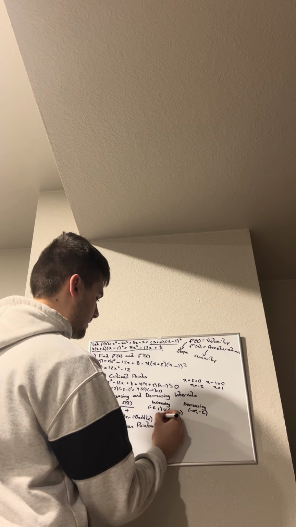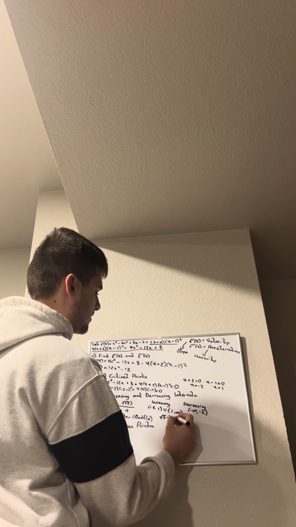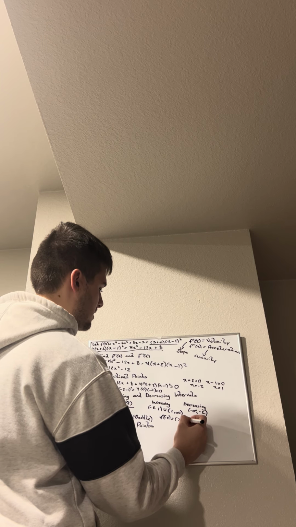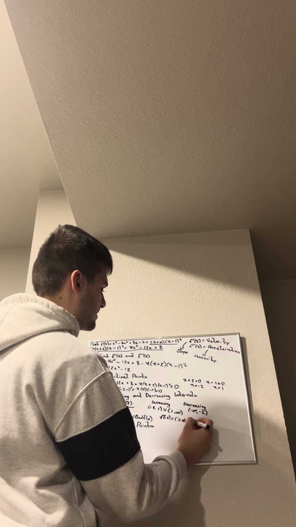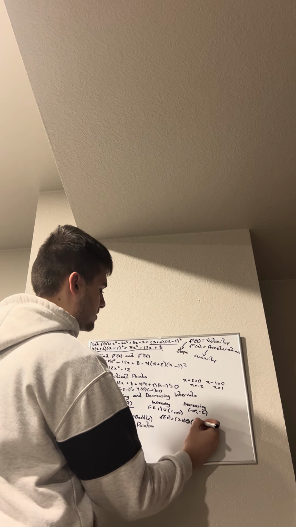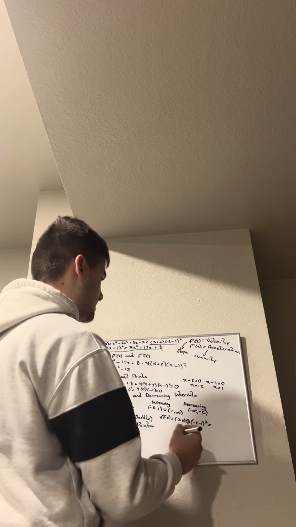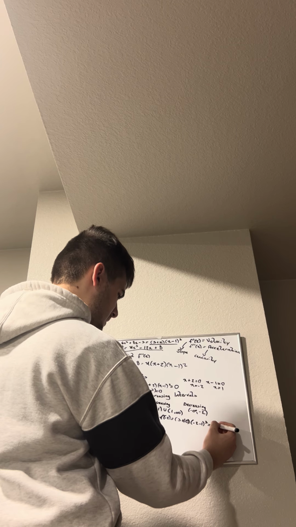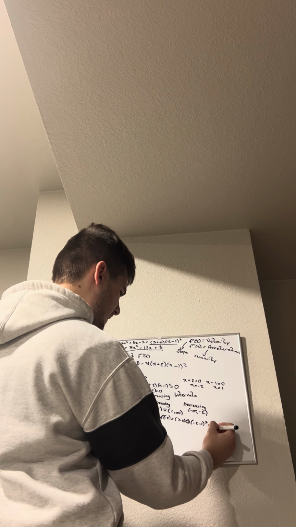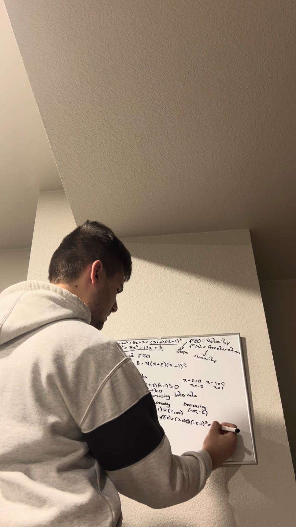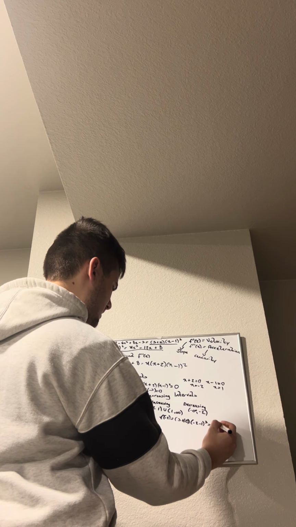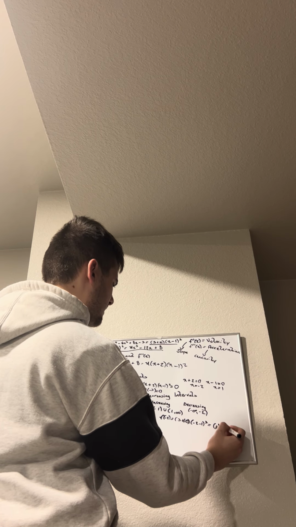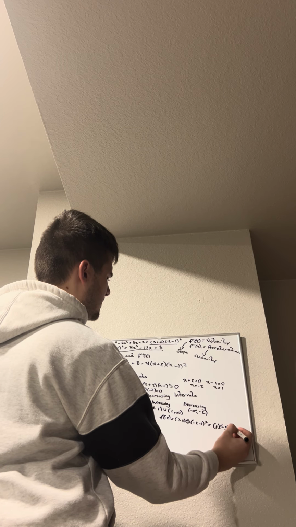So f of -2 would just equal 3 minus 2 in this case, or 3 plus -2 would just be the same thing, times -2 minus 1 to the power of 3, which would just equal, we'd have you just have +1 times -3 cubed, which would just give you -27.